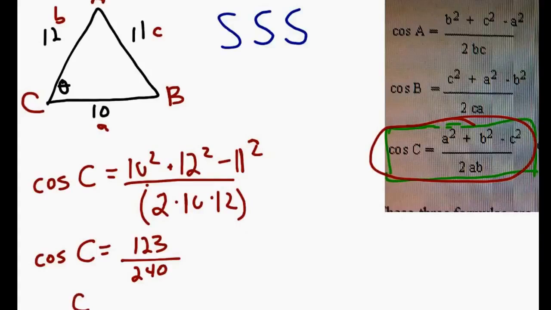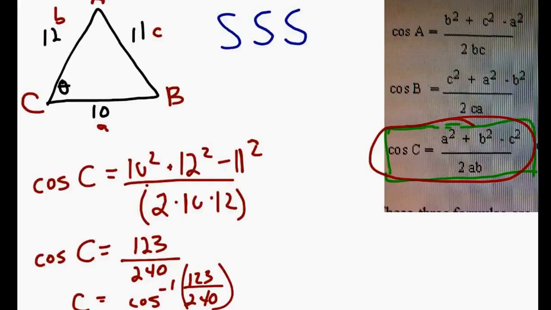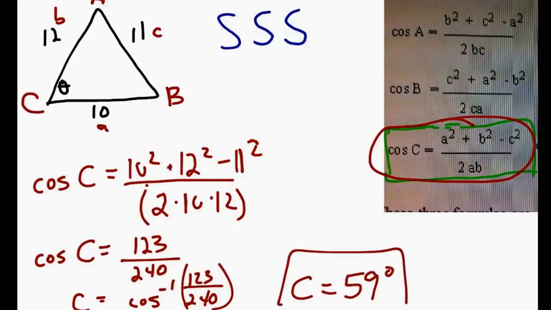So then remember now to solve it for C, we have to go second cos, so shift cos, 123 divided by 240. Okay, so on your calculator do that, 123 divided by 240 with a shift cos on it. And that gives us an answer of 59.16 degrees. We'll just round it off to 59 degrees. And that's it.